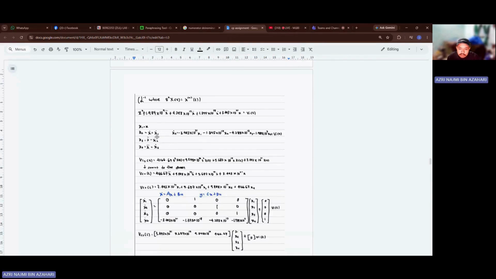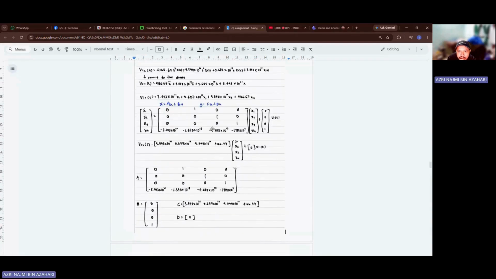The state variables are then defined as x1 is x, x2 is x dot, x3 is x double dot, and x4 is x triple dot, allowing the higher order differential equation to be expressed as four first order state equations. From these equations, the state matrix A and matrix B are constructed, where matrix A represents the system dynamics and matrix B represents the effect of the input voltage, which is Vi(t).